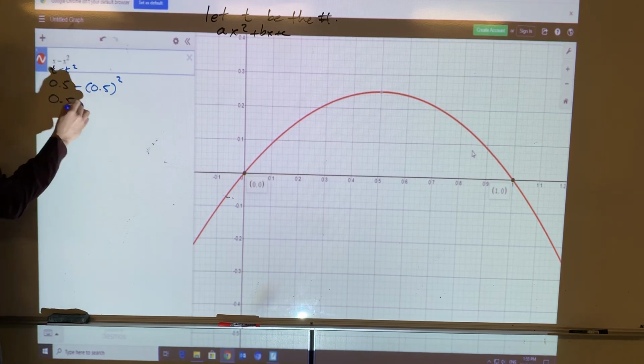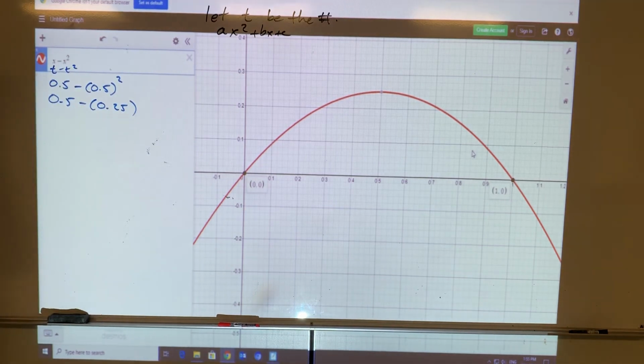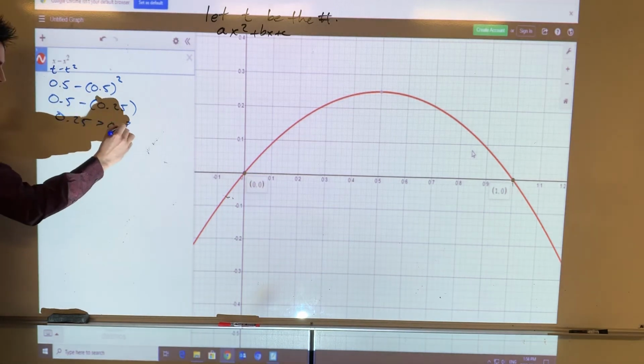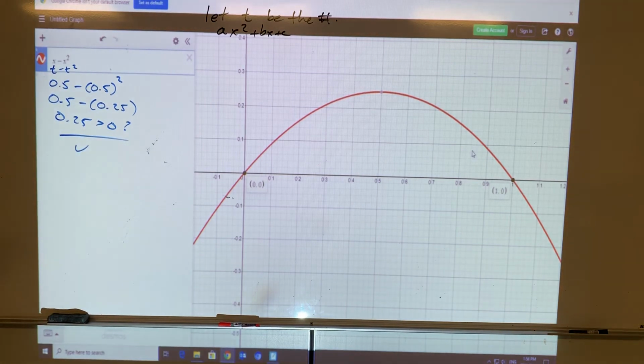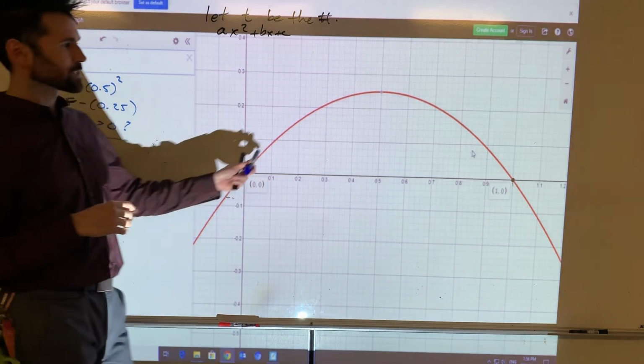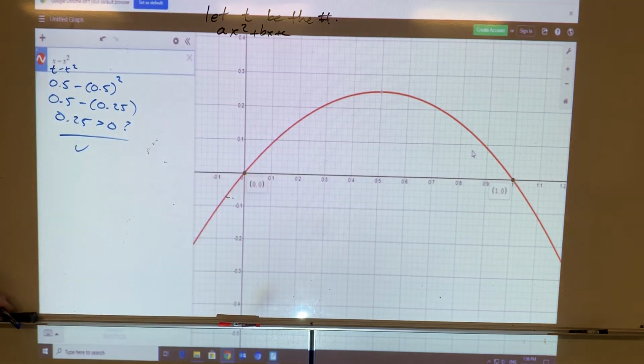Is it 0.25? So you get 0.25. Is that greater than 0? Yes. Isn't that interesting? That's an application of how you use a discriminant to solve a problem.